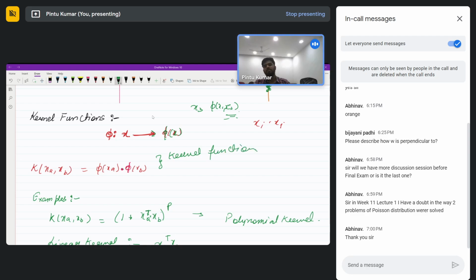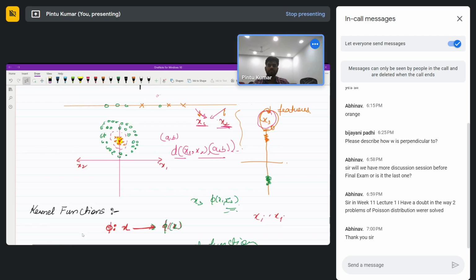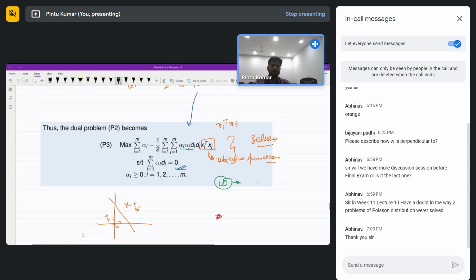So what is the idea or the special quality of a kernel function? If you remember, in the dual form, we had to calculate this quantity. So we want to replace calculating xi transpose xj with phi xi transpose phi xj.